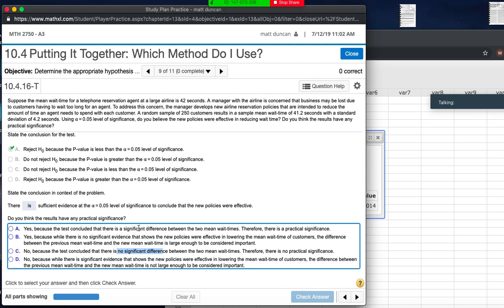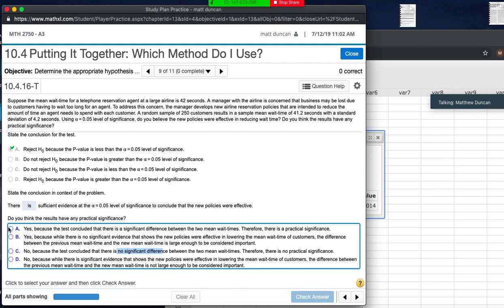There's a difference between the two mean wait times. Correct. Right.